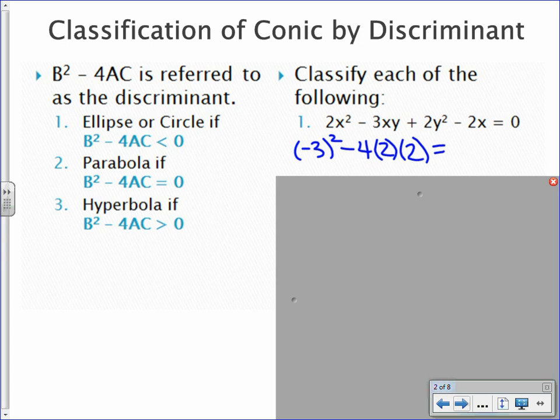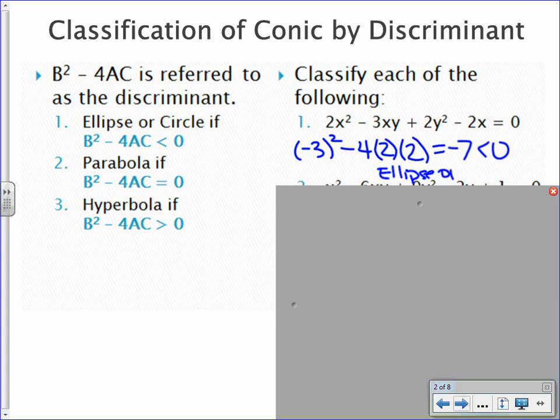What is that? Negative 7. Even if you can tell that it's going to be negative, does it really matter the value? No. This is less than 0, so we know that it is going to be either an ellipse or a circle. You have to write ellipse or circle, and with a rotation, we can't tell yet.